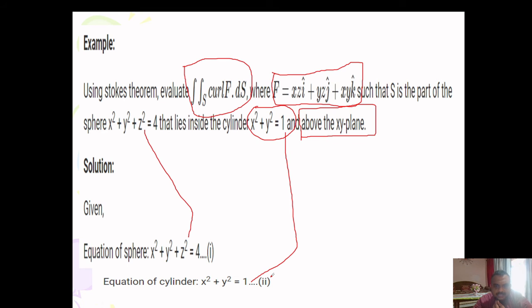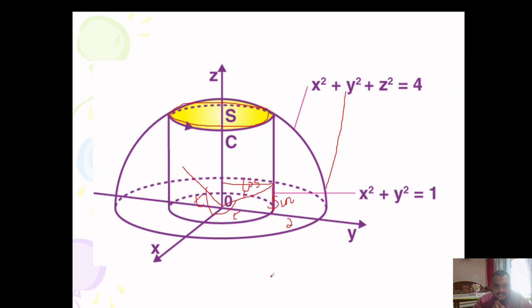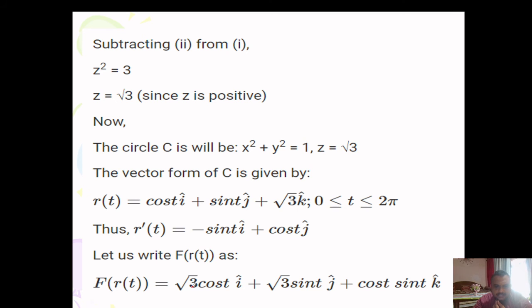The values of x and z are to be written. x is root 3 cos t. Okay, x is cos t and z is root 3, and then I put the value of z and y, and then the component along the z direction, cos t sin t.